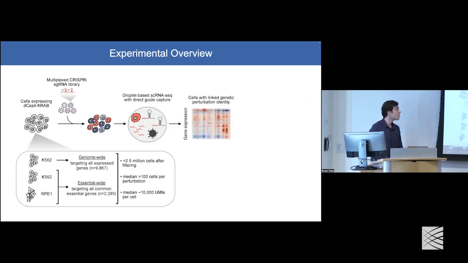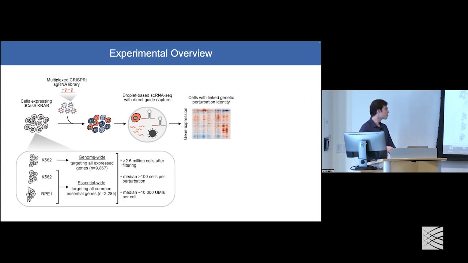So just to get into the experimental overview, what we did is we took a pool of cells that expressed a CRISPR-i effector, Cas9 KRAB, which represses transcription. And we transduced them with a library of guide RNAs targeting essentially all expressed genes in a single cell type, these K562 CML cells.